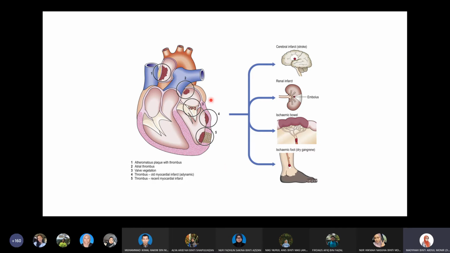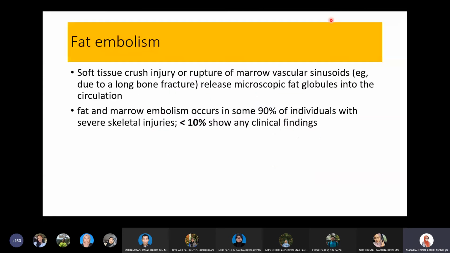There can also be thrombus at the area of an old or recent infarct, and when the thrombus is dislodged, it goes to the systemic circulation and to all these organs, causing pathology. So that is on systemic.